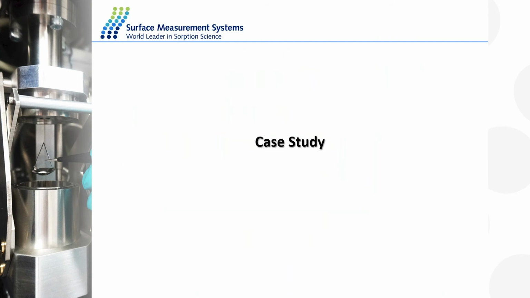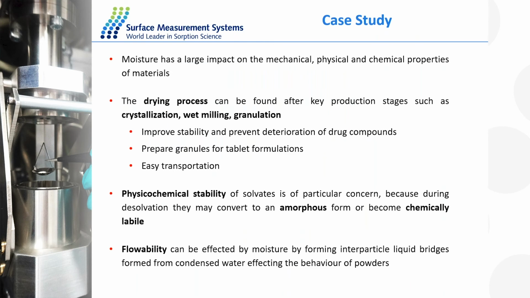So now I'm going to have a look at our case study. In this case study, we are looking at using iGC to determine the surface area, and DVS for some sorption measurements. Moisture has a large impact on the mechanical, physical, and chemical properties of materials.